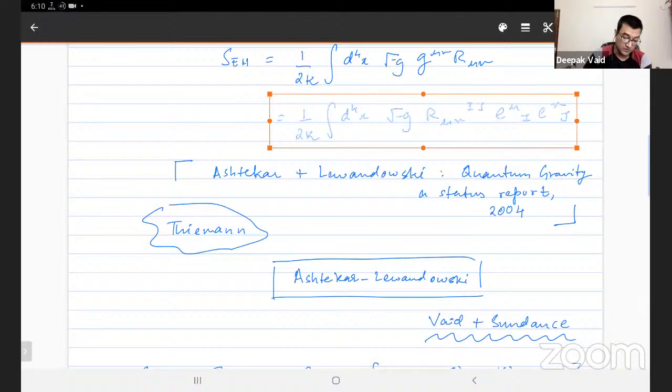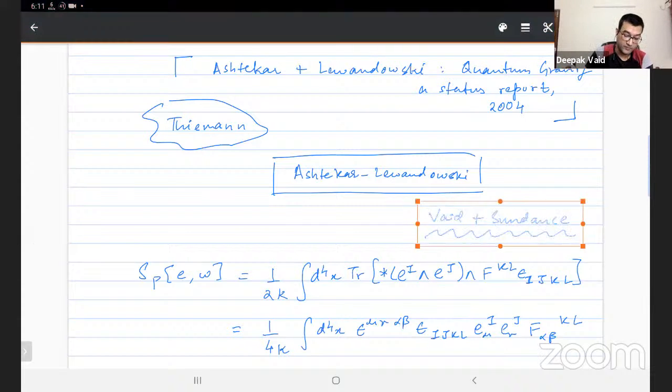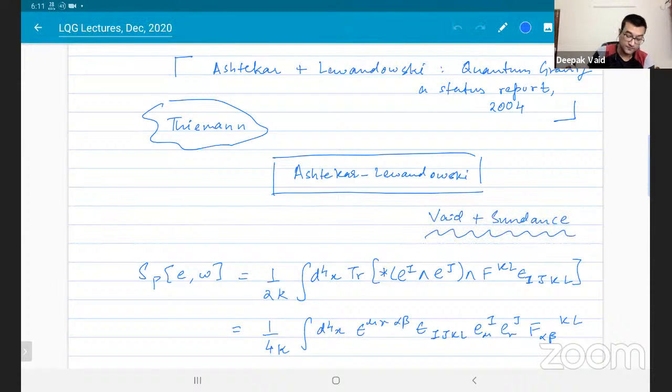Okay. Now, I gave you some references. One was this Ashtekar-Lewandowski paper. Then, of course, Thiemann, Introduction to Modern Canonical Quantum Gravity. And then my little book with Sundance. There is also a very nice paper by Romano, who I think was one of the students of Ashtekar, but what happened to him, I don't know.